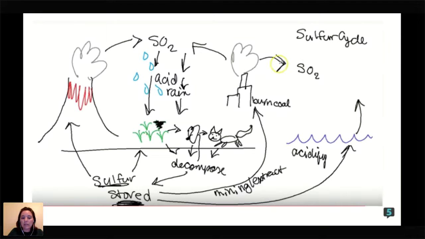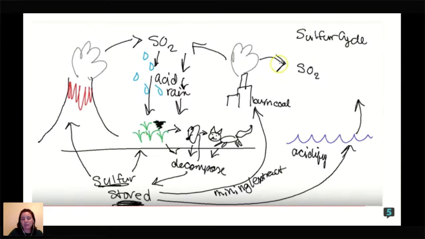We also mine and extract compounds that have a lot of sulfur in them, specifically coal. Coal, especially coal that is mined from the eastern part of the country, has a lot of sulfur in it. So when we burn that coal in the presence of oxygen in our atmosphere, that tends to create a lot of sulfur dioxide that is then released into the ocean.